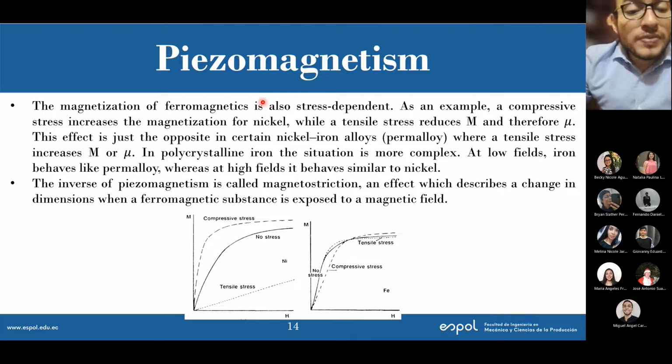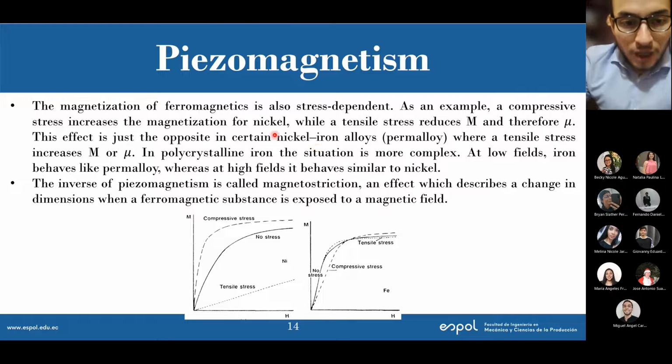Whereas if I put, for example, a nickel iron alloy, it's the opposite. A tensile stress will increase the magnetization and therefore the permeability. And if I put a compressive stress, it will decrease, right? So I do have certain materials, iron too, and iron actually is a bit more complex. At low fields, iron behaves like a permalloy.